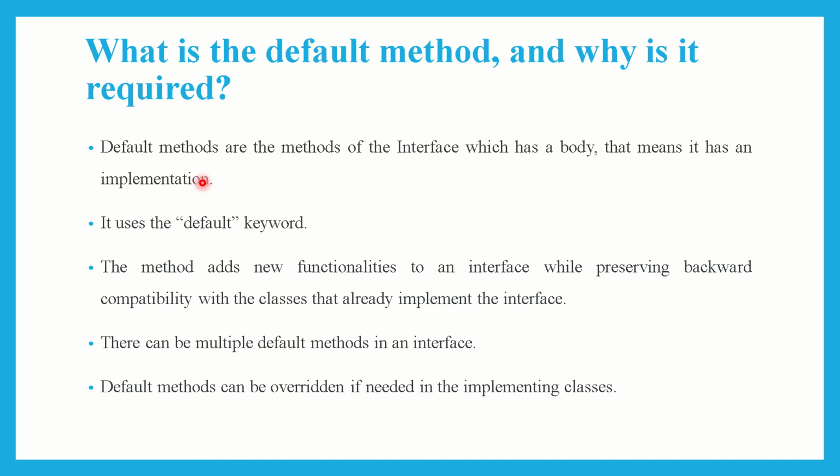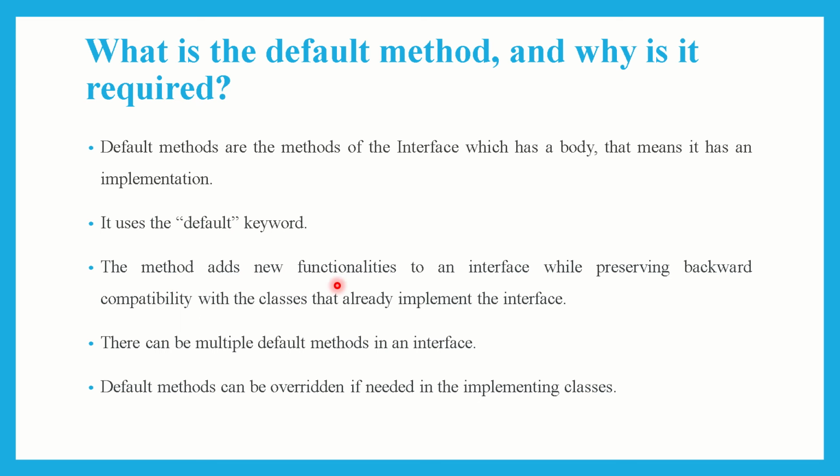But after Java 8, we have something called the default method. With this, the whole existence of the interface has changed. The whole concept of the interface has changed, but obviously changed for good. I'll explain that in a bit. To declare a method as default in the interface, we have to use the default keyword.